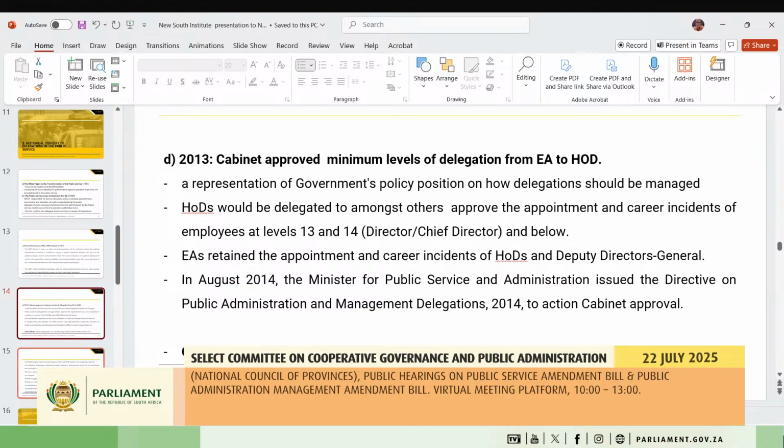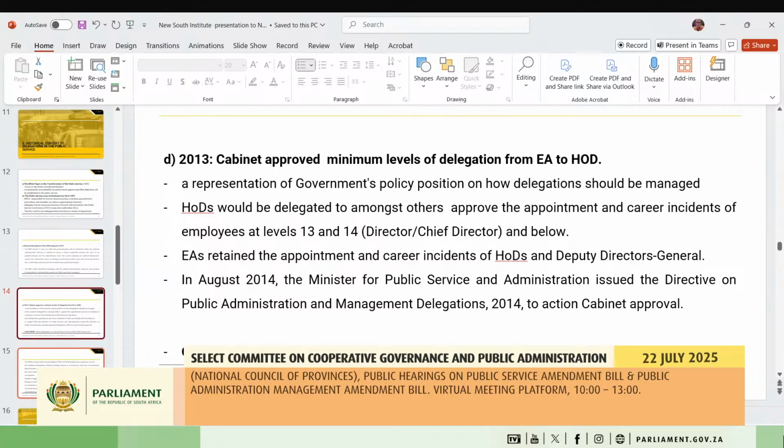And so ministers, HODs, this is a process that was spearheaded by Foresight and taken to cabinet, where there was ultimately a directive from the Minister for Public Service and Administration in August 2014 regarding those specific delegations.